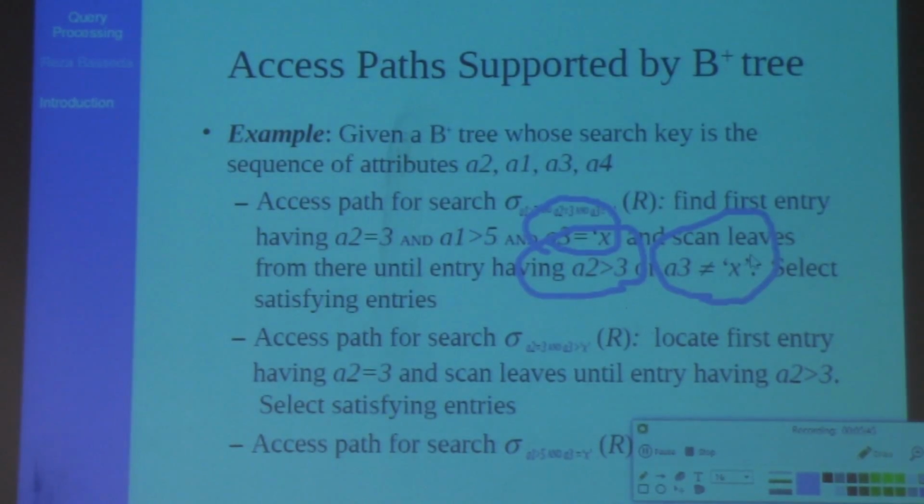If A2 is still equal to 3, but we find someone whose A3 is not X, it means that those with A3 equal to X are completed. Now we are moving on and we are finished.